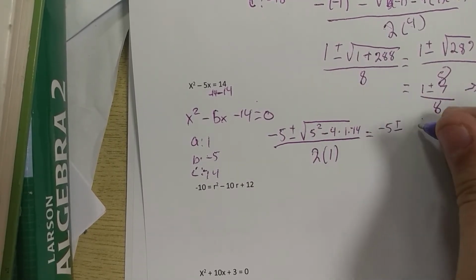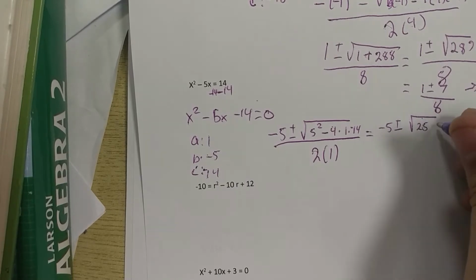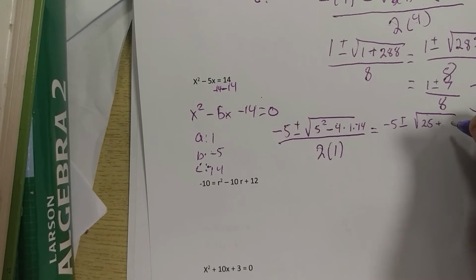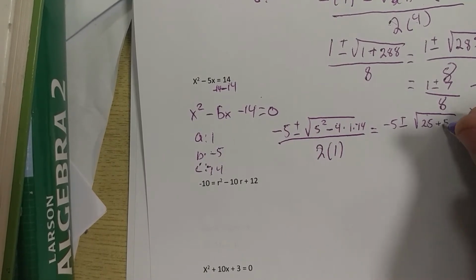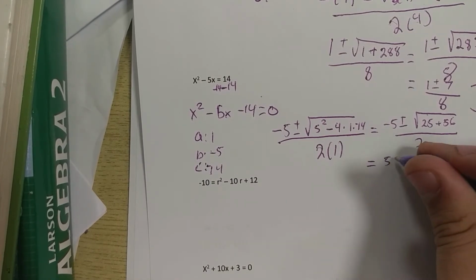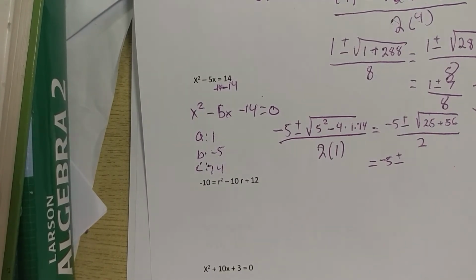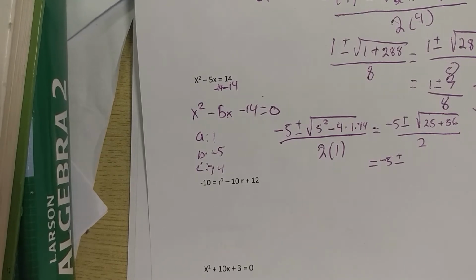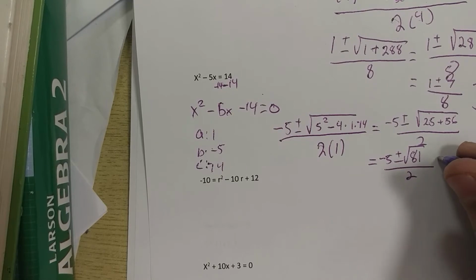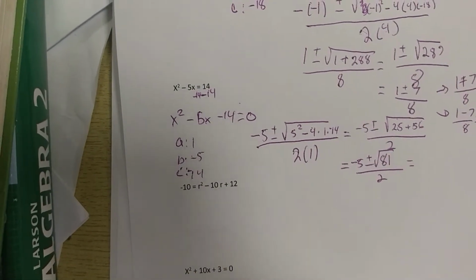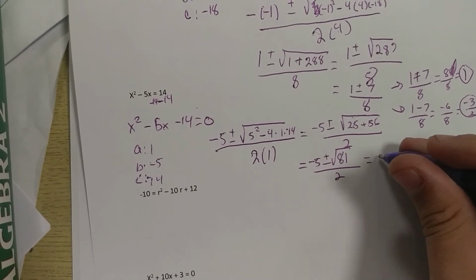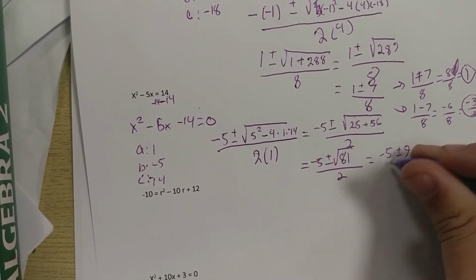Negative 5 plus or minus the square root of 25 plus 14 times 4, which is 56, over 2. Negative 5 plus or minus the square root of 25 plus 56, which is 81, over 2. The square root of 81 is 9. So negative 5 plus or minus 9 over 2.